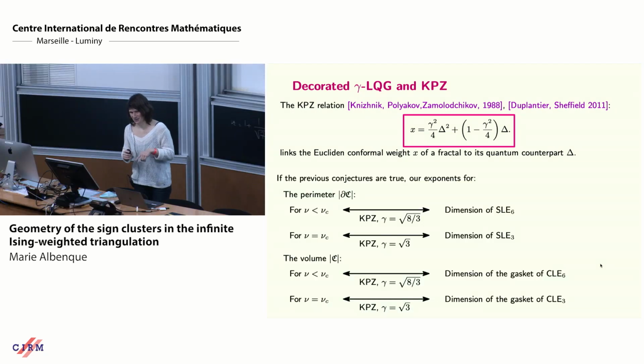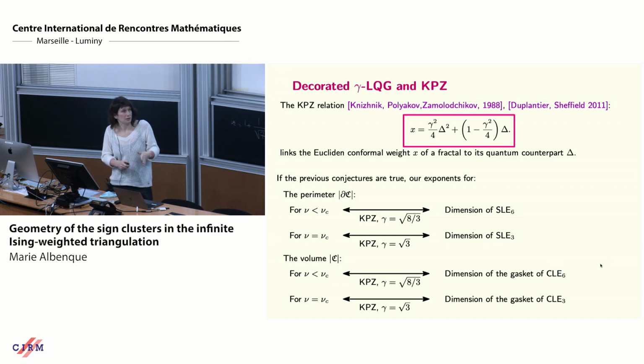But if the conjecture is true, then you expect to be able to relate the volume of the clusters in the deterministic Euclidean setting to what happens in the random map setting. So you expect the volume of the clusters to be related through the so-called KPZ relation. If the volume of the cluster is something in the Euclidean setting, it should be something in the quantum setting.